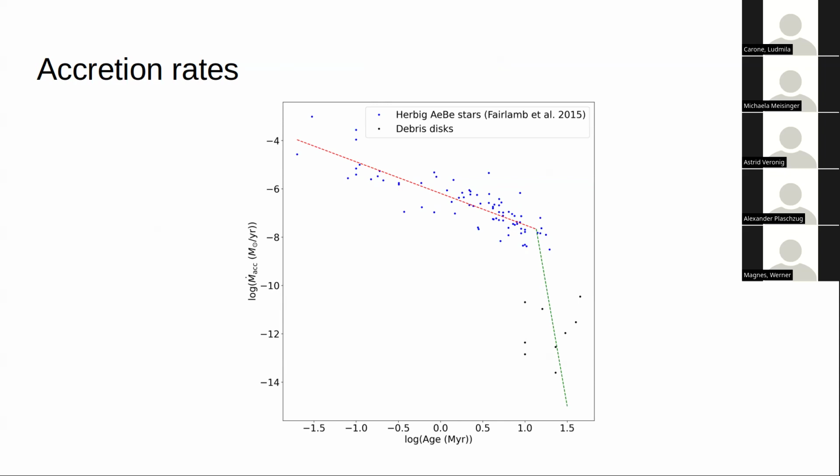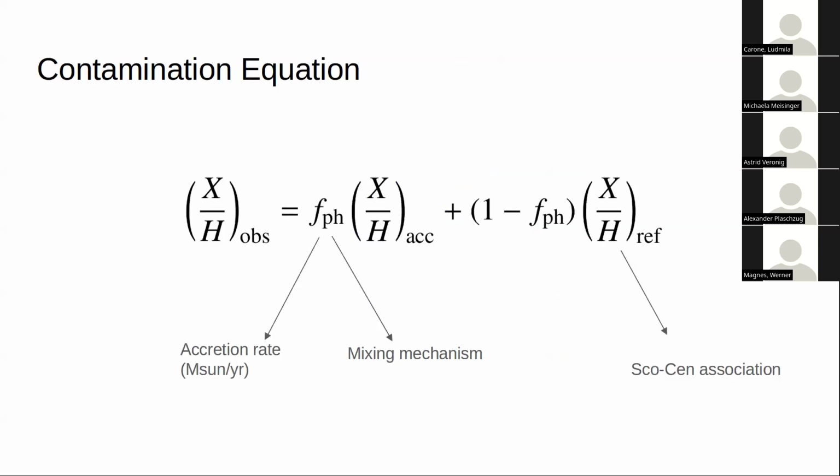So you see that the accretion rates drop quite rapidly after around 10 million years. Remember that both of these are log scales, so it's quite rapid. And so after, let's say, around 10 million years, the accretion rates are so low that we wouldn't expect any of the observed abundance to be from disk accretion, because this FPH value goes to 0.